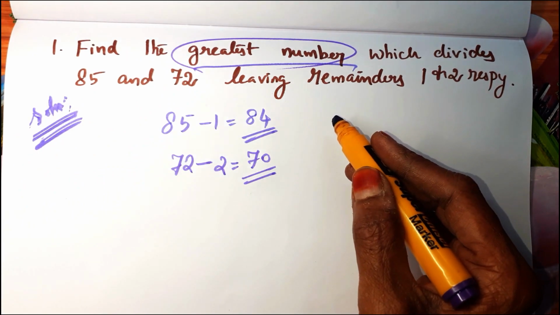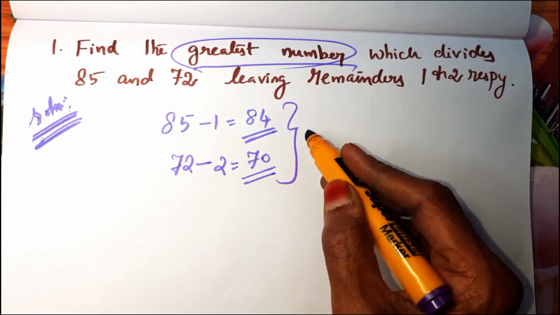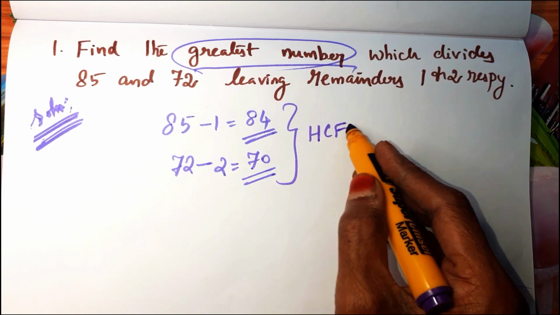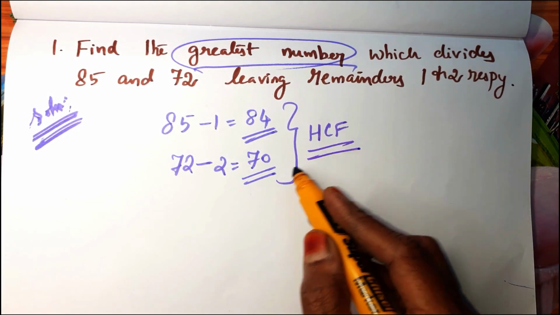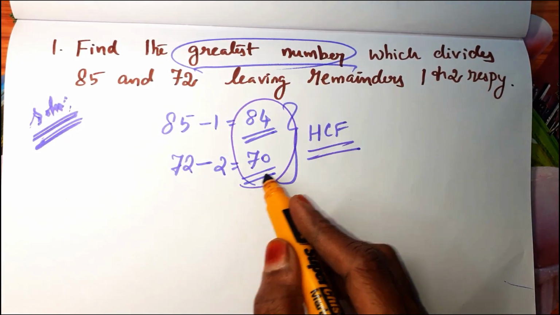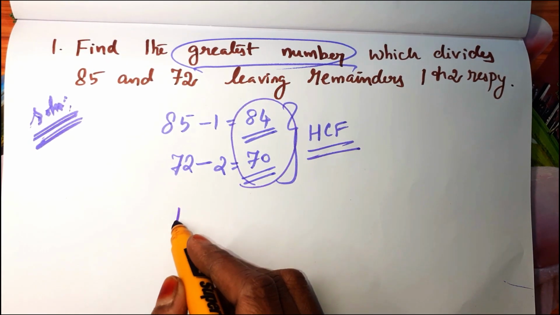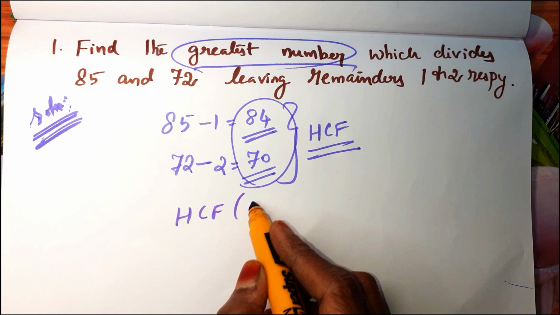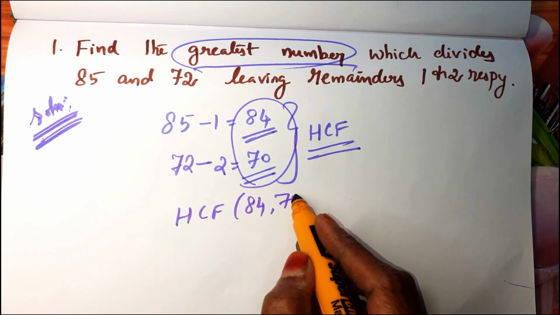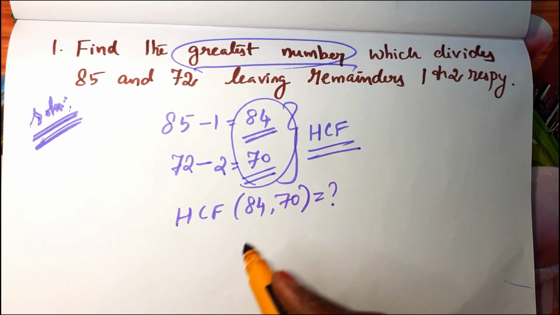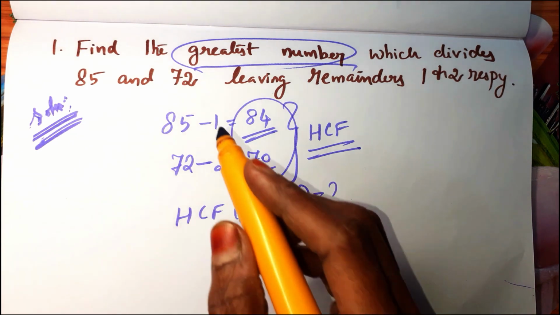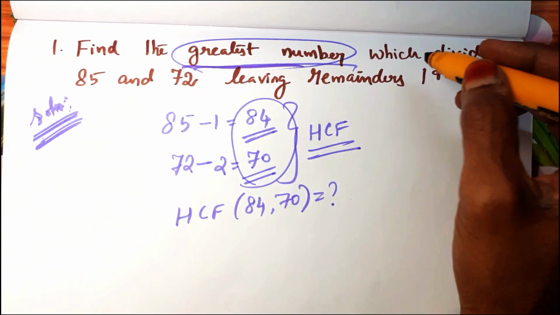Any number, greatest number which divides these two numbers is HCF. HCF is the only number which divides both, and that is the greatest common divisor. Okay. So we are going to find HCF of 84 and 70. Directly they didn't ask you to find this. So the question is a little bit twisted. What they are asking is the greatest number which divides.